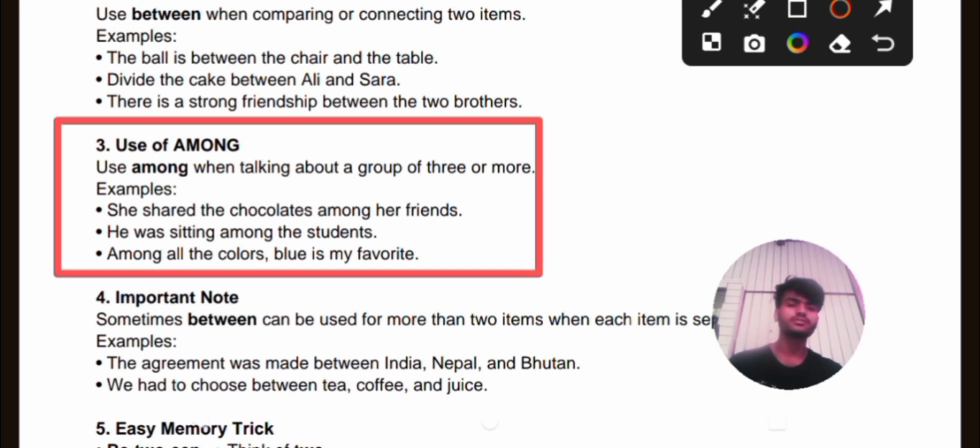But blue is my favorite. It's talking about one thing, blue, and we are talking about more than three things. I mean, we are talking about all colors, which means more than three. That's why we used among here.